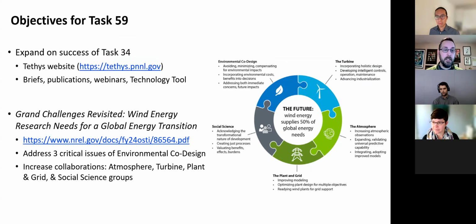The purpose of this meeting was to bring in 5 research areas, researchers and scientists focused on wind turbines, the atmosphere, plant and grid design, social sciences, and environmental sciences, and find ways that we can work together. Each of these 5 research areas developed their own critical issues to address, but also had cross-sectional meetings to learn how we can work across our different research fields and work together.